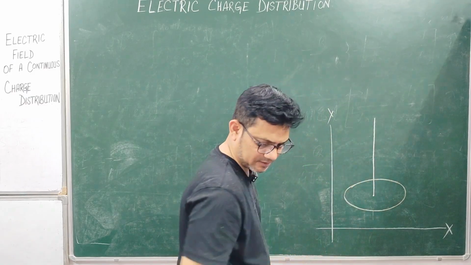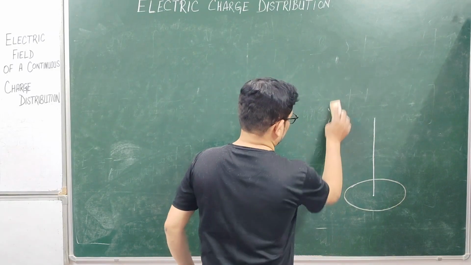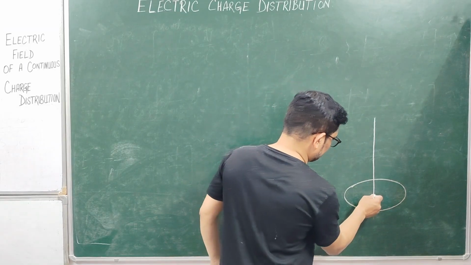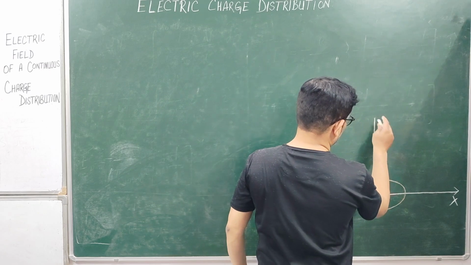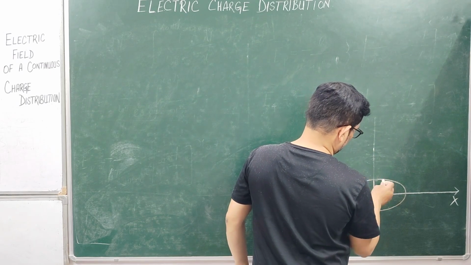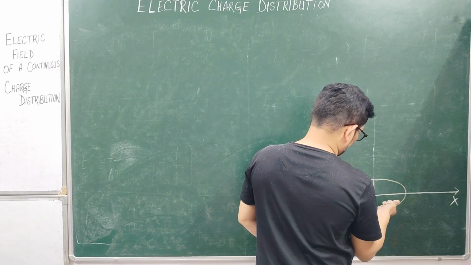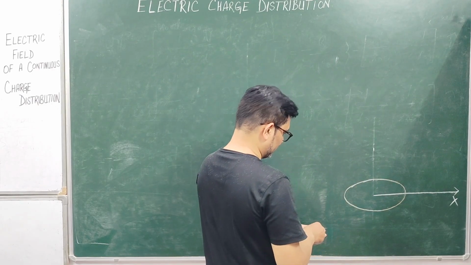So for simplicity, why don't we make this as an axis here itself? From the center of the ring, we can make the axis in this way. Suppose we make it like this, x, right? And if it is lying in xy, let's make it in this way.